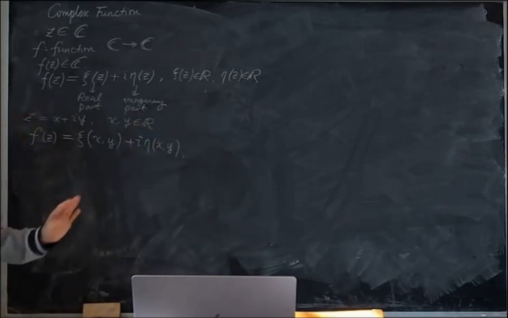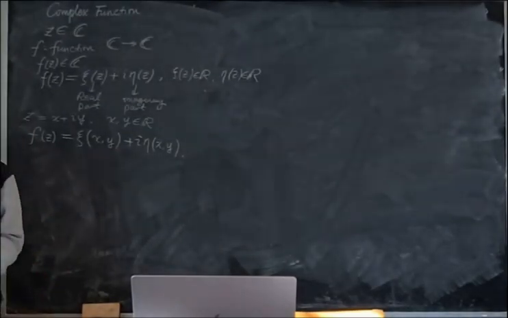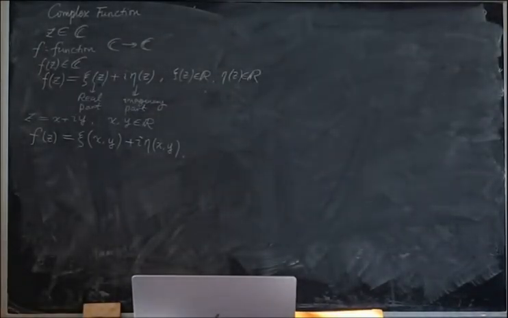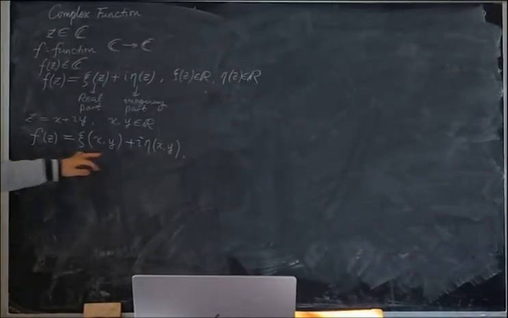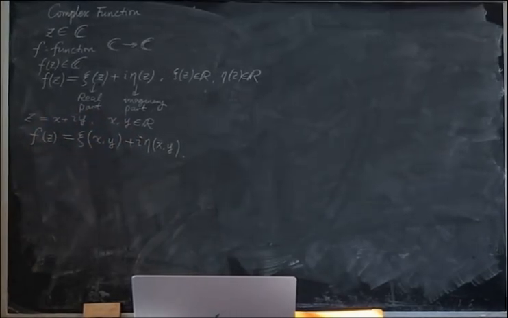We can also write it this way and regard ξ and η as functions of two variables, one is x, the other is y. And actually, in many cases, we have to write a complex function this way, especially when we talk about the properties of analytic complex functions that we're going to discuss later.